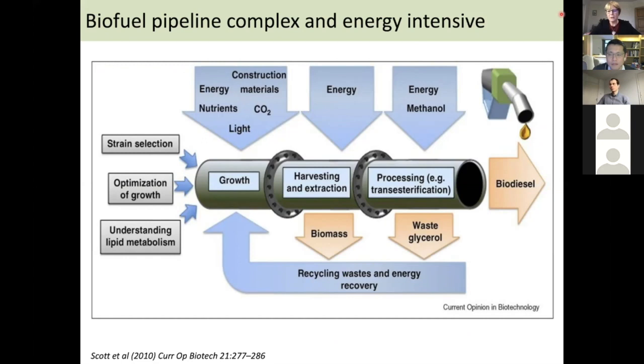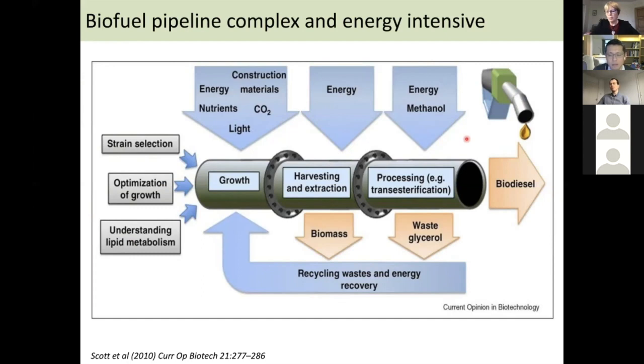And that is because the biofuel pipeline, that is to grow the organisms at the scale that you need to generate enough for biodiesel, to harvest it and to process it in order to make the biodiesel, is complicated, and it requires a huge amount of energy input, and it's marginal whether you'd actually get more energy out than you'd put in with current technology.